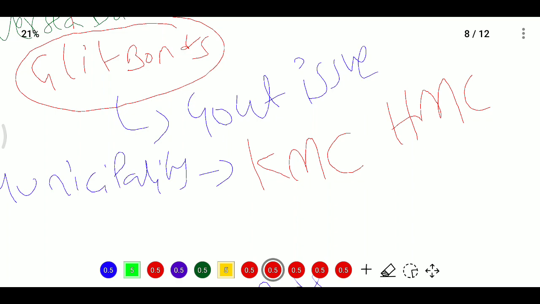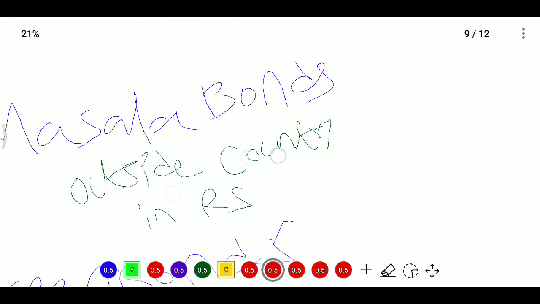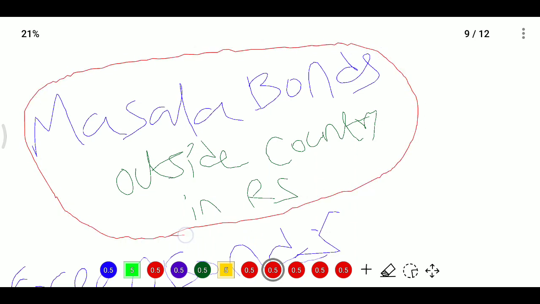And overseas or offshore bonds, like the Masala bonds we hear about now. Masala bonds means an Indian company or government issues bonds in another country in Indian rupees.